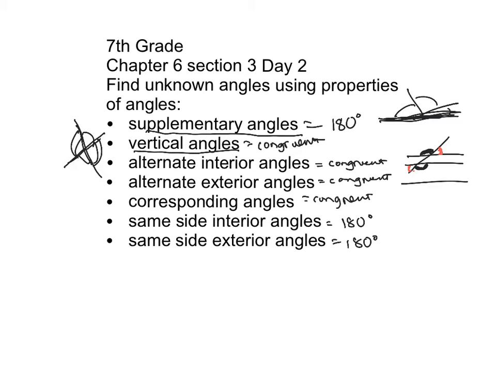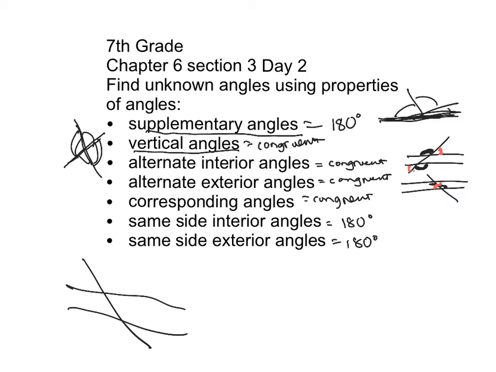Alternate interior angles: parallel lines and a transversal. They are inside the parallel lines, but on opposite sides of the transversal. Corresponding angles, I'm going to draw my picture underneath it now. There's my parallel lines. Aren't they beautiful?